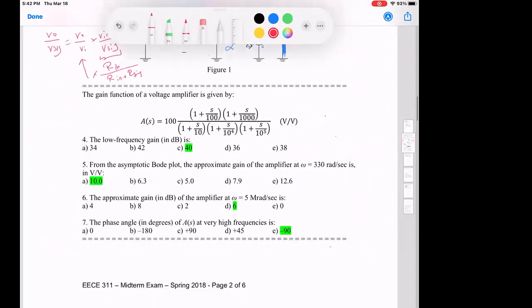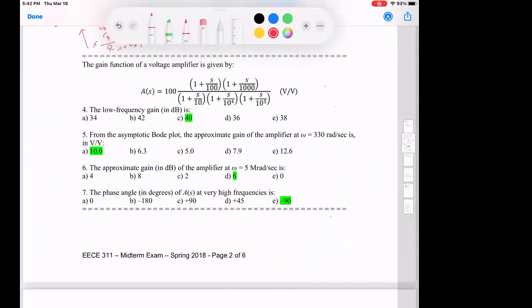Hello. We will look now at the second problem, which is a system of poles and zeros, and he's asking me to find the low frequency gain and the asymptotic Bode plot, etc. So the first thing that I'm going to do is draw the poles and the zeros where they are.